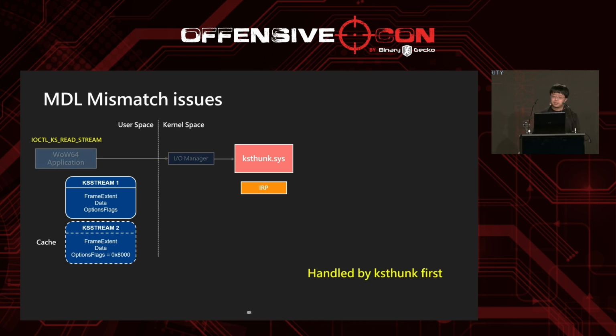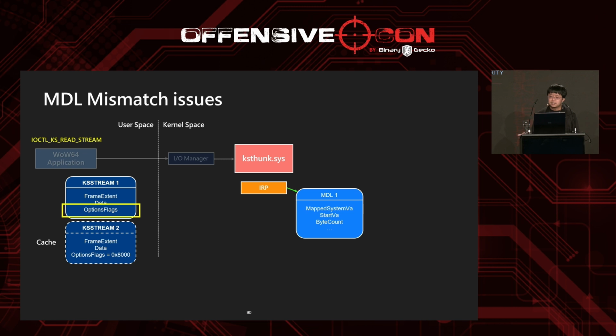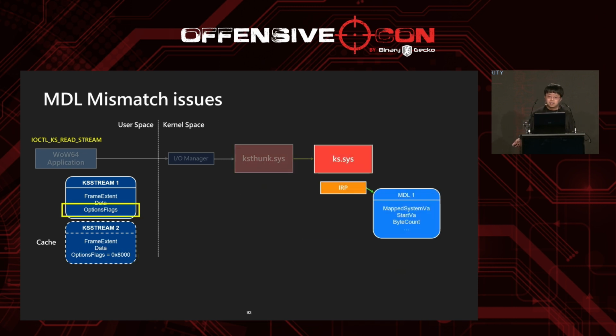KSUNC will handle it first. KSUNC will check the option flag for the first frame. If the cache flag is not set, it will allocate an MDL and map the frame buffer. It then moves on to the second frame. Since the second frame has the cache flag, KSUNC will skip MDL allocation. After that, the IRP is passed down to KS, which will again check the option flag for each frame. Now, the logic is reversed compared to KSUNC.